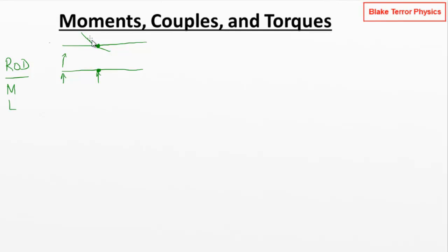Different parts of the rod will have more energy than others because the bits at one end are moving faster than the bits at the other end. This makes it very difficult to describe what's going on with the skills that we've already got, just using our Newton's laws and translational movement. So we need to start bringing in a way of describing this rotational part of everything that's happening.